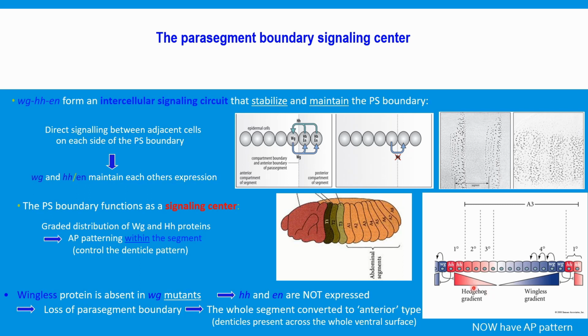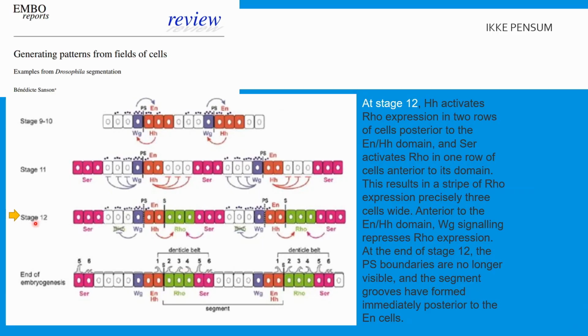And that is because hedgehog and wingless have a common target in the EGF receptor signaling pathway that is important for patterning this epidermis. And I have a slide here to show that. The most important part of this slide is here.